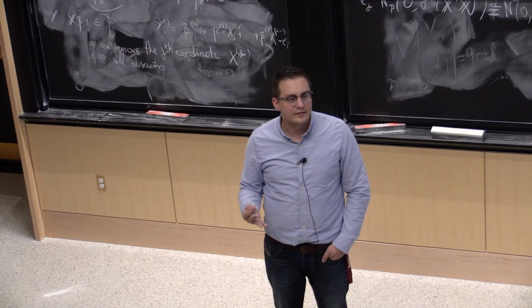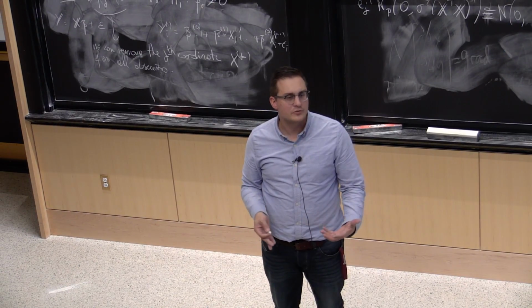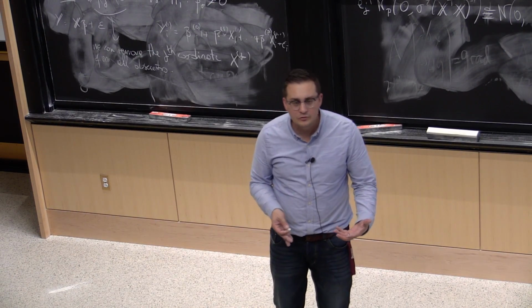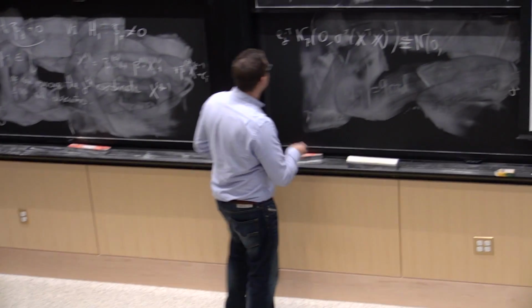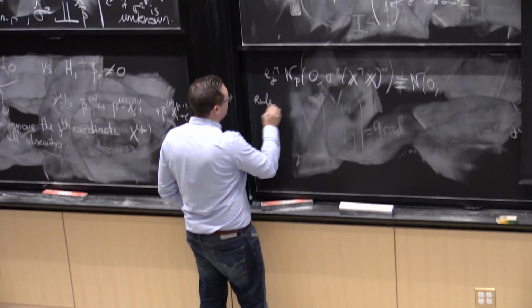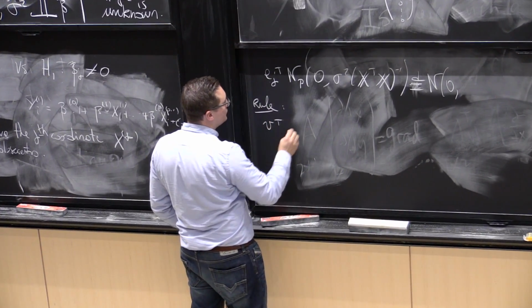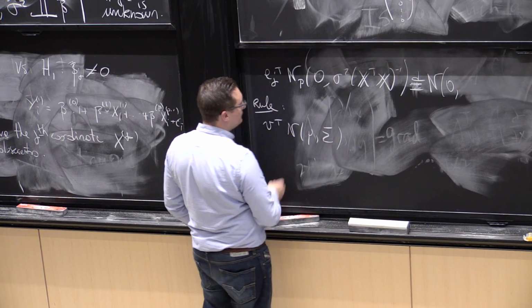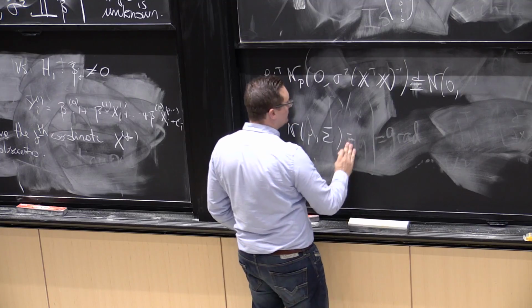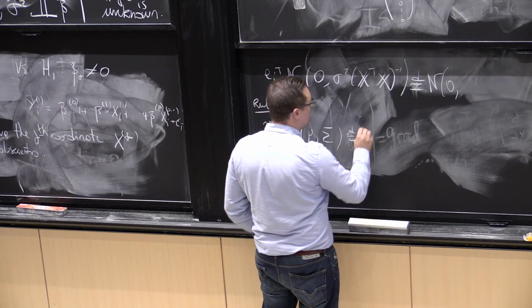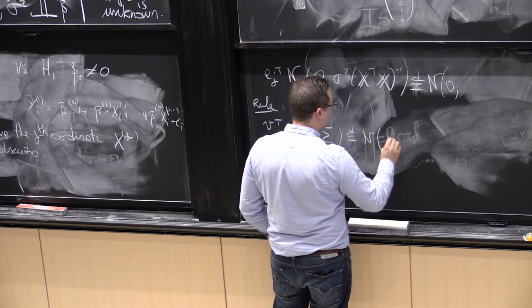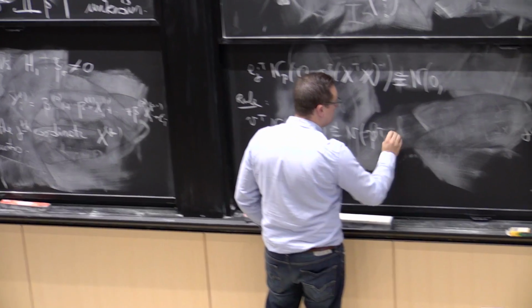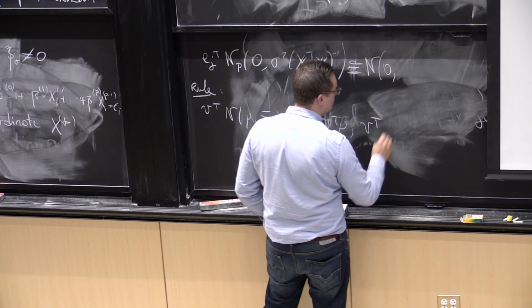We actually used this before, except that ej was not a vector but a matrix. The rule is that v transpose N(mu, sigma) is N(v transpose mu, v transpose sigma v).